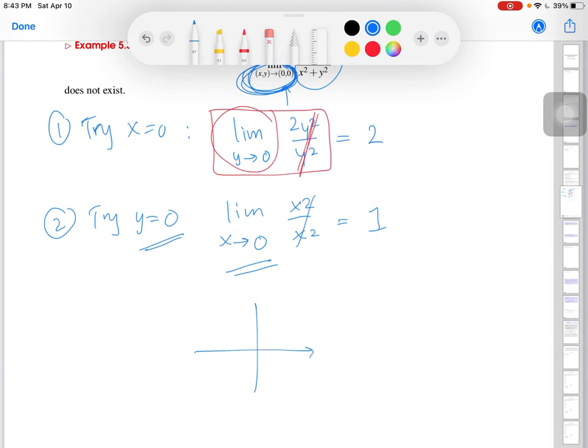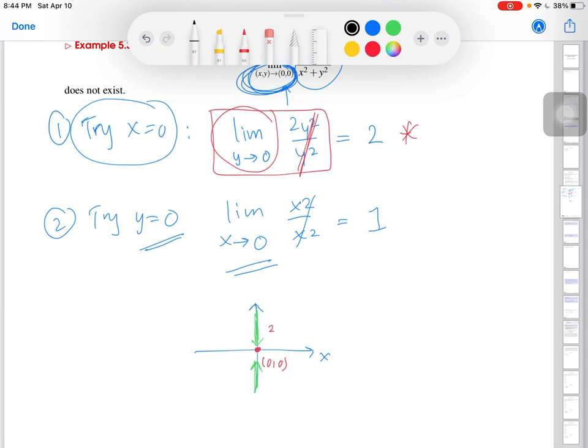So I get 1. We can see here, if I were to draw this graphically, if this is the plane, then what have we shown in number 1? x equals 0 is the y-axis. So here's the point where we want to eventually find the limit. We have shown that if I approach along the y-axis, the limit I get is 2.